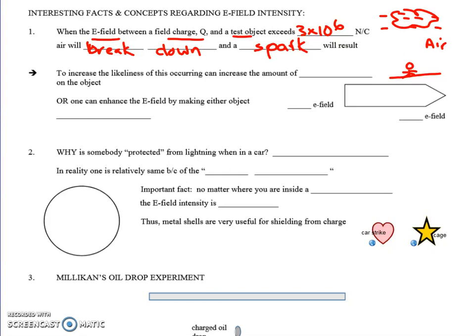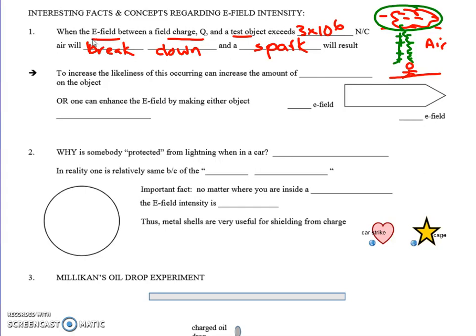But because the air is made up of a material, and that material has positive and negative charges in it, the neutral atoms that make up the air, if this field generated by the cloud is really, really high, and there's a few ways that can happen, then the negatives from this charge are stripped off, and we create a conducting path for the field charges to get to the object, and then you have a quick transfer of energy and charge. In other words, you have a spark.